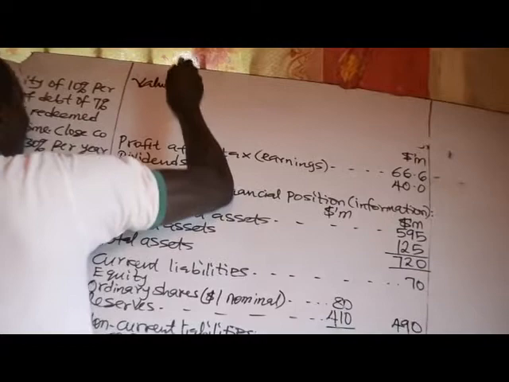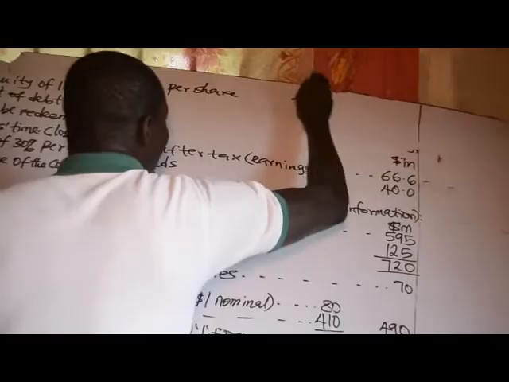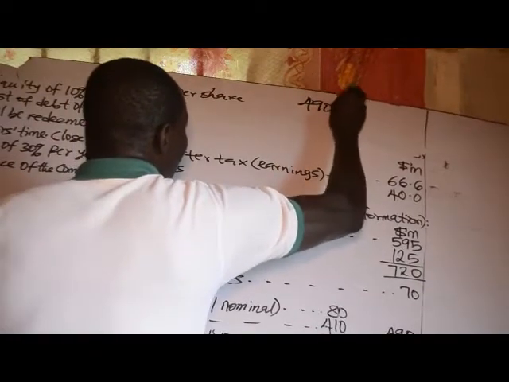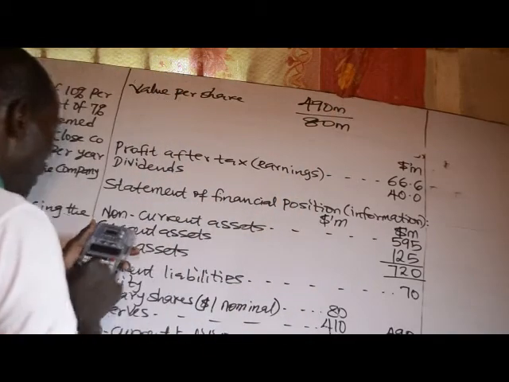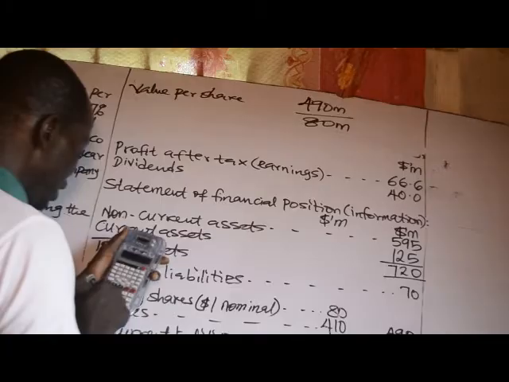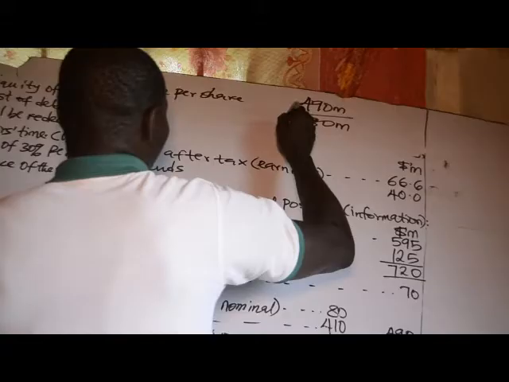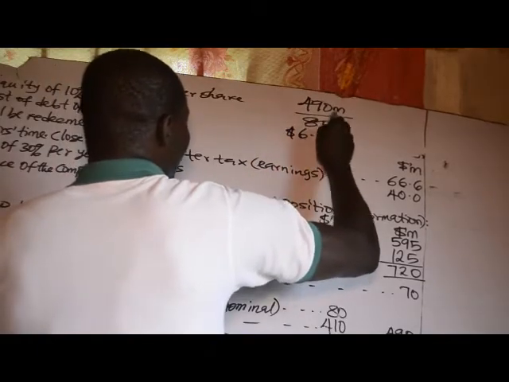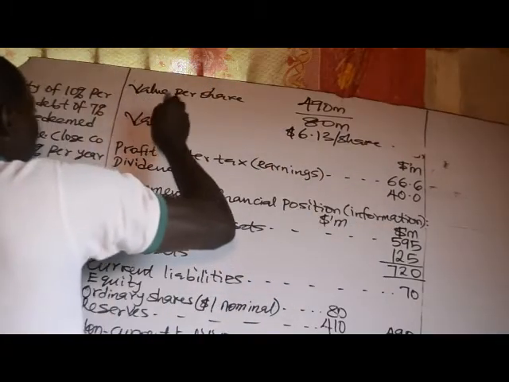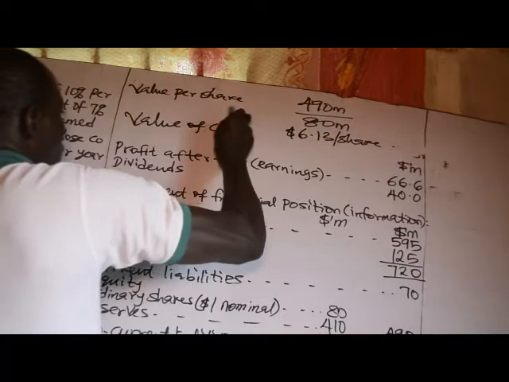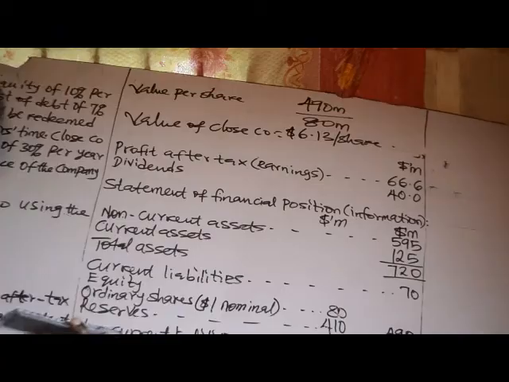Since the net asset is 490 million and the number of shares is 80 million, 490 divided by 80 gives us $6.13 per share. That is the value of Closco using the net asset method of valuation.